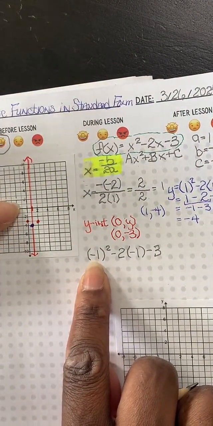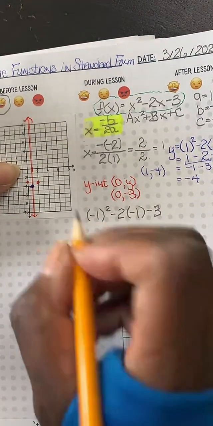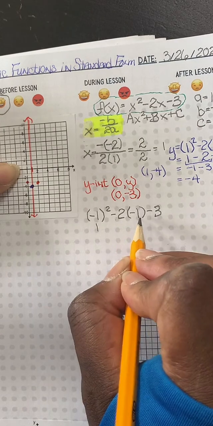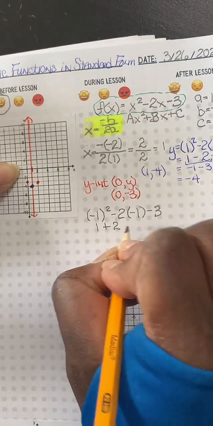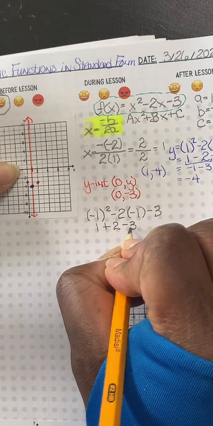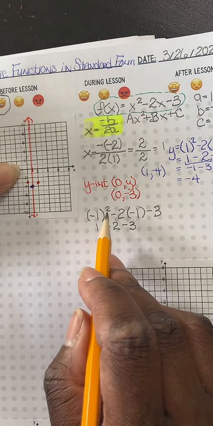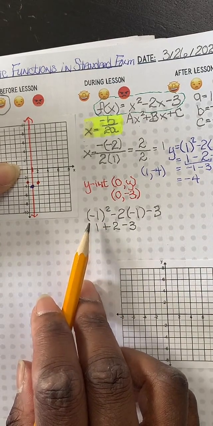I just used this side. This side was a little bit lower. So now, -1 squared gives me 1. -2 times -1 gives me a +2. Then I bring down the -3. If you're putting that in the calculator, you definitely need to put parentheses.